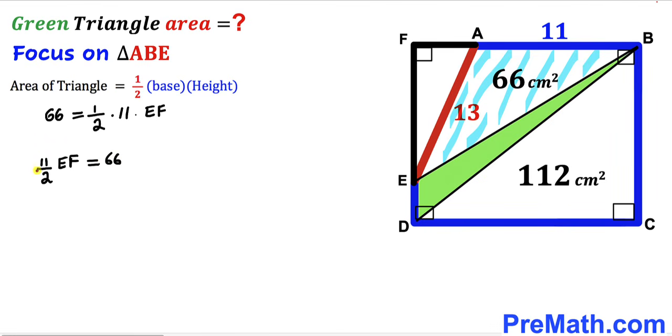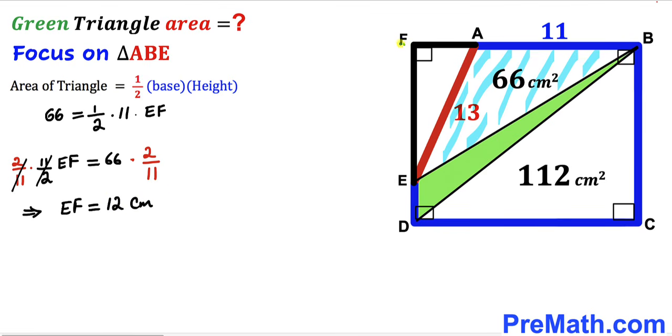Now I'm going to multiply both sides by the reciprocal of 11 divided by 2, which is 2 divided by 11. And here we can see 2 divided by 11 and 11 divided by 2 cancel out. So our EF segment length is going to be equal to 12 centimeter.